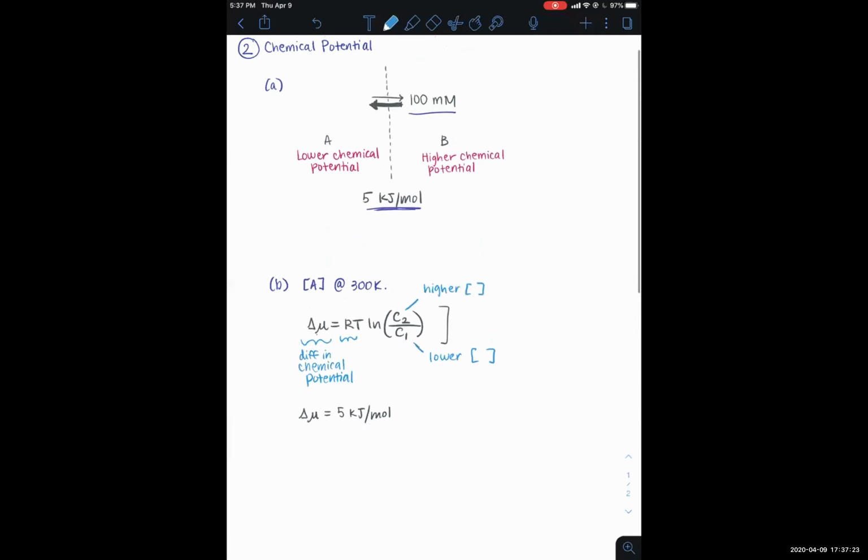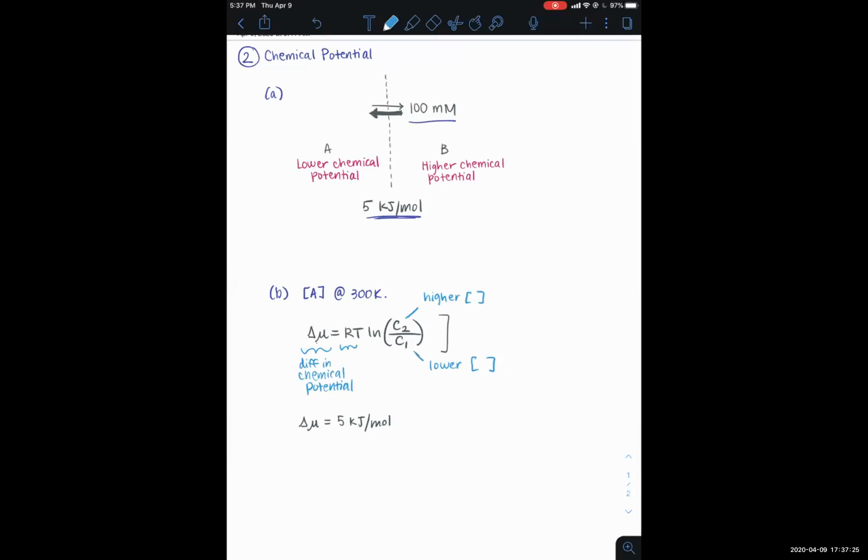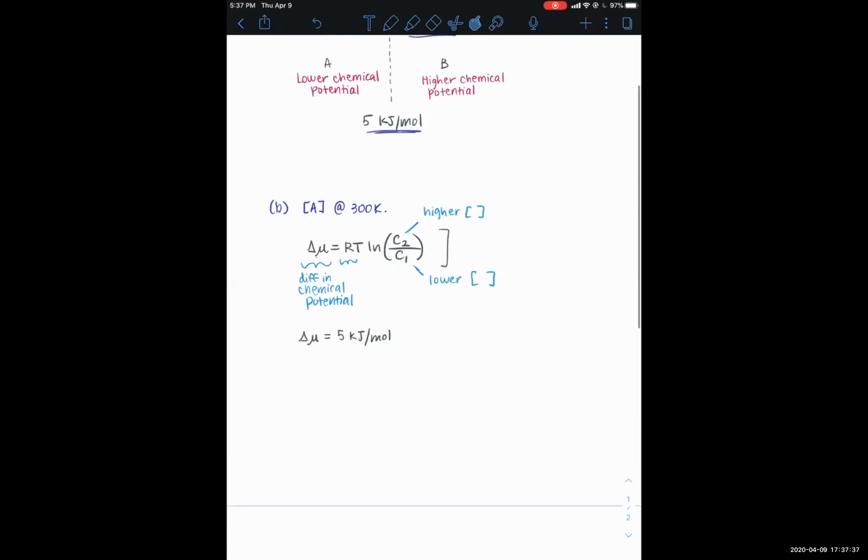And we know from being given which regions have a higher chemical potential and which ones have a lower chemical potential, we can figure out which one has a higher concentration and which one has a lower concentration.